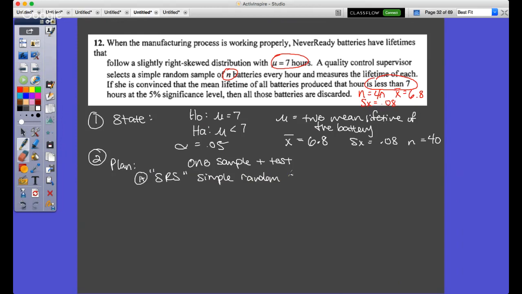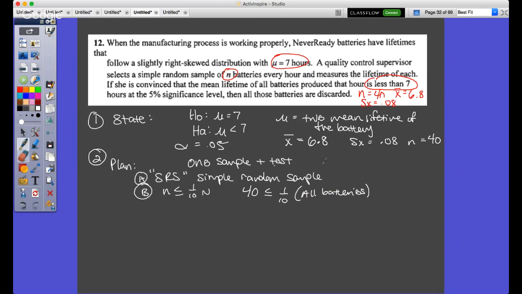We need to make sure it's a random sample, and that's the most important thing when we talk about something that is robust, resistant to outliers or skewed data. We need to have an SRS. Condition 2 is the 10%. I like to put in that 40 is less than or equal to 1/10 of all batteries, and obviously that is true.